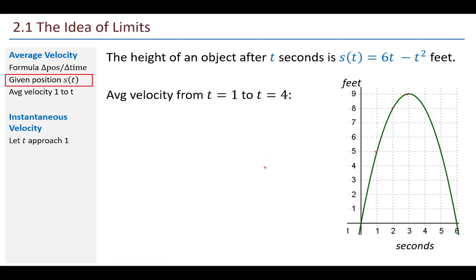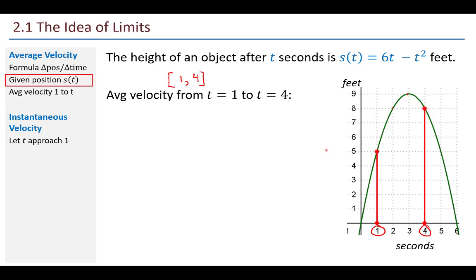So what is the average velocity of this object from time 1 to time 4? Another way of saying that, what is the average velocity over the interval from 1 to 4? And we figure change in position over change in time. Well, let's see, 1 to 4. There's the time change. And what about the position change?